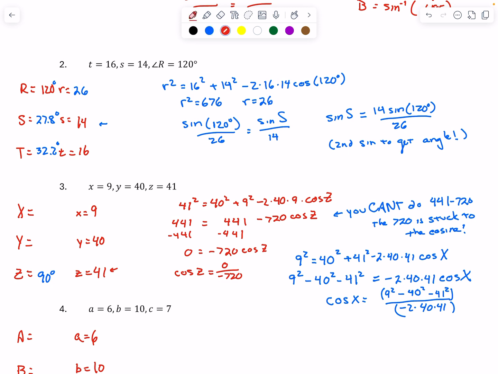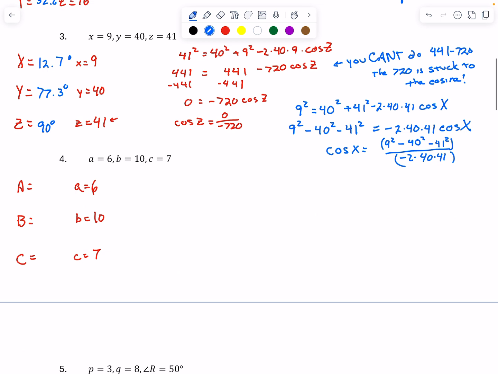So you get second cosine, you'd get that, and then subtraction gives you the rest. Oh, it says round to the nearest tenth, so I'm going to round to the nearest tenth. Okay. Next. Pick one.